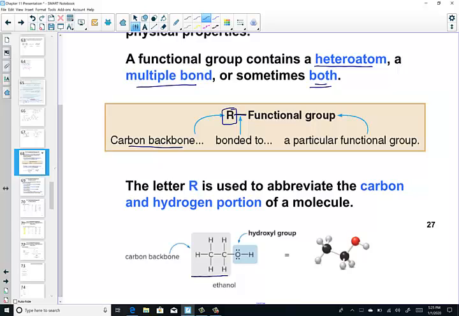This, for example, would be the carbon backbone of this compound. Since the compound is composed of 2 carbons, both of them single bonded, we see the prefix eth to represent 2, and we'll know it's an ane suffix to represent all single bonds. And this then is the functional group we're learning, called the alcohol functional group, the hydroxyl OH. So here we have a molecule of ethanol.